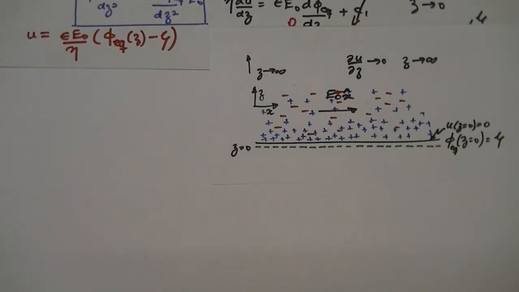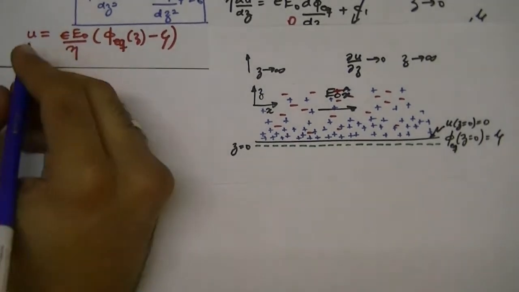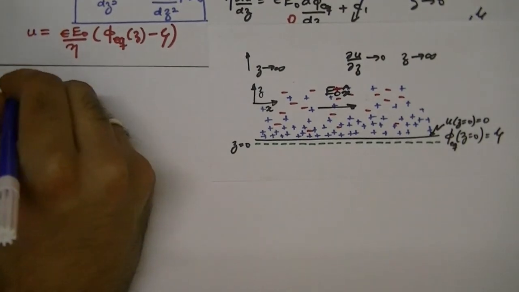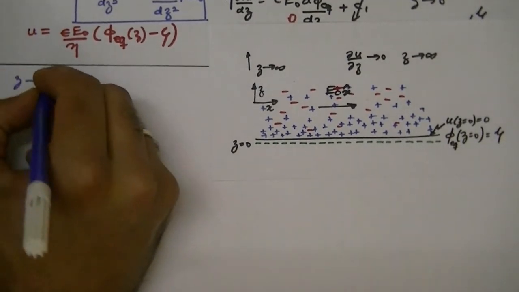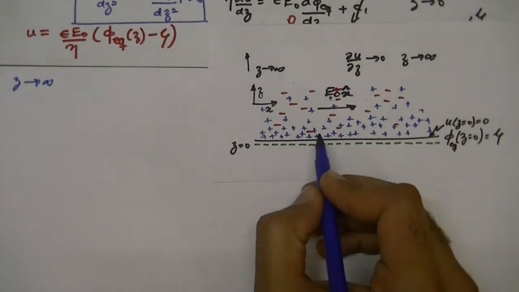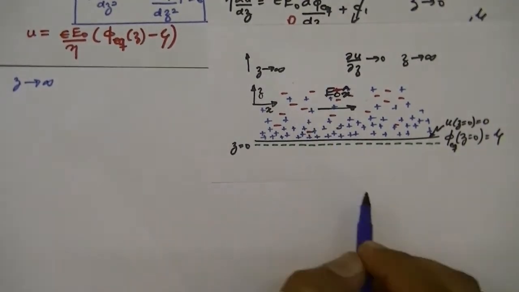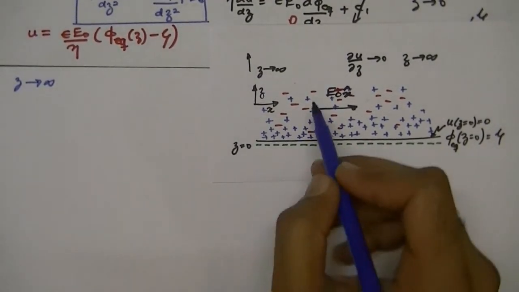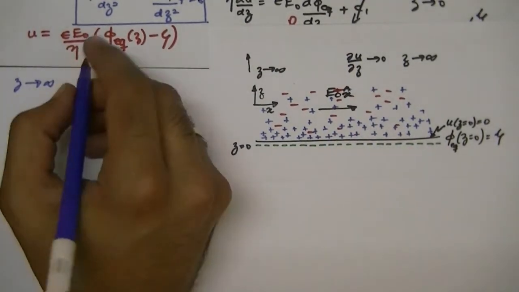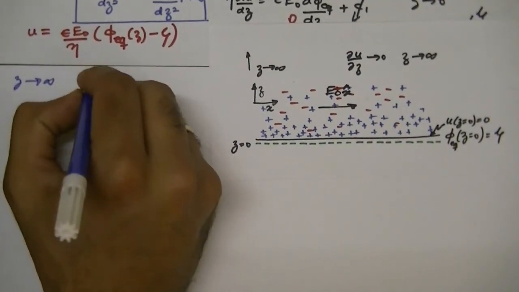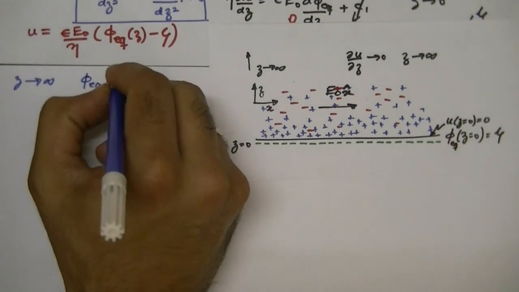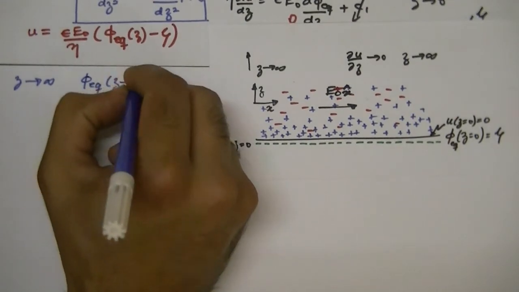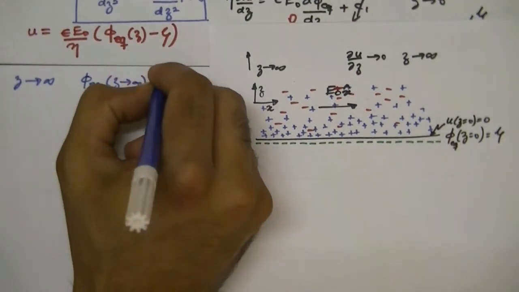So from this equation, we can note that as z tends to infinity, that is, you go significantly far from the surface or outside the electrical double layer, the equilibrium potential is 0.